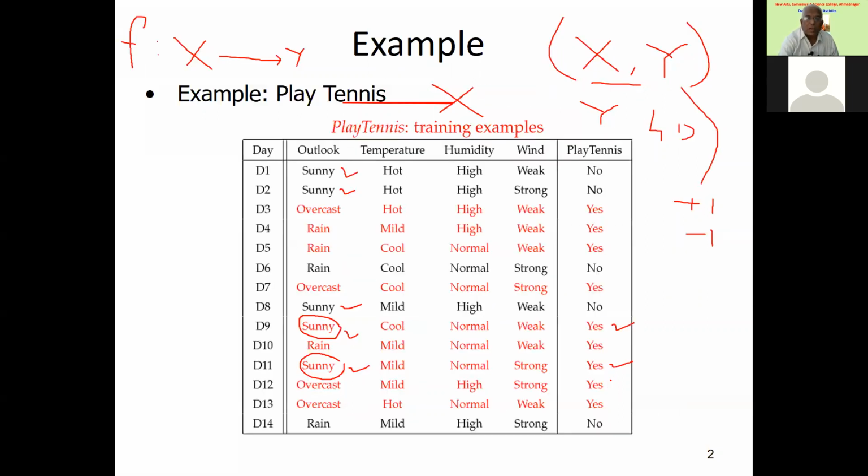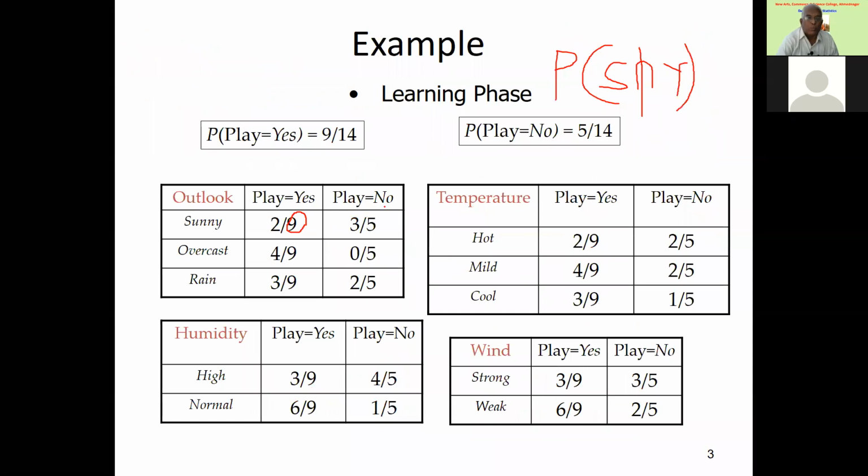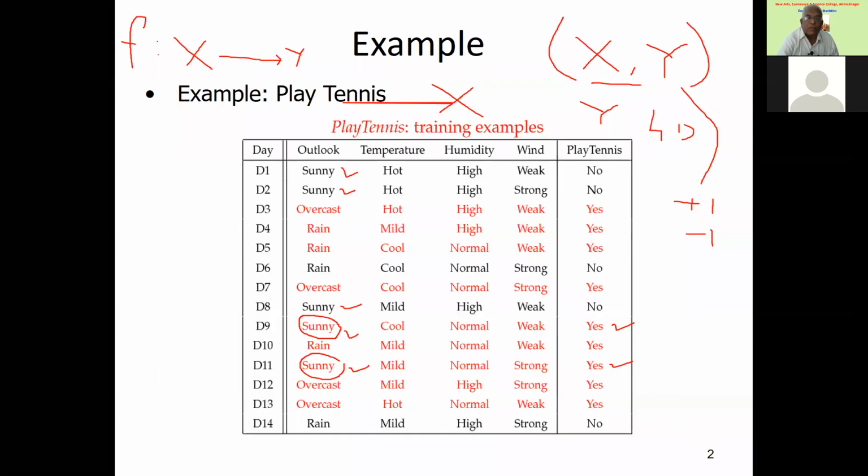So let us see this. Sorry, it is no. So there are 5 sunny days, and in these 5 sunny days, you have not played here, you have not played here also, you have not played here also.